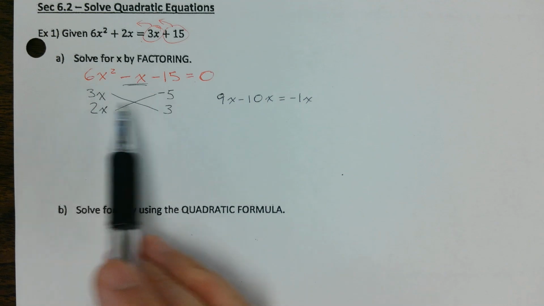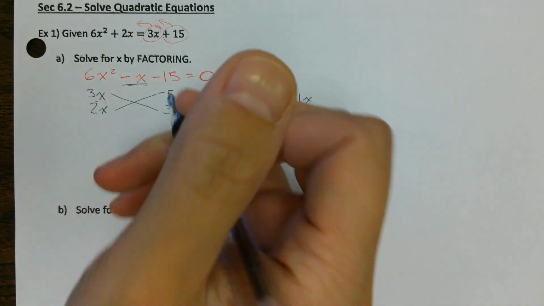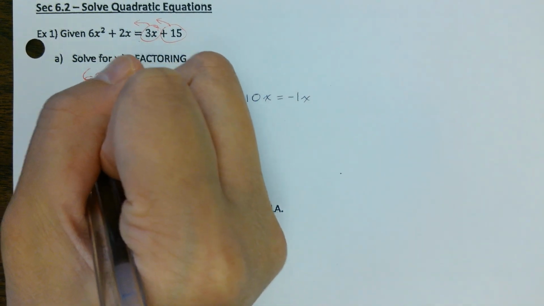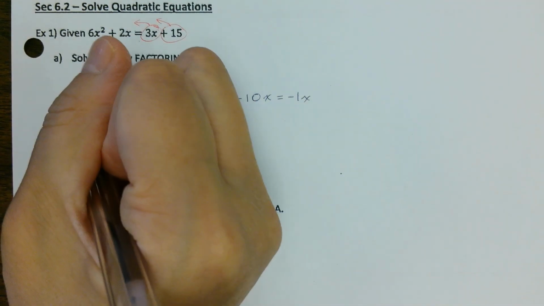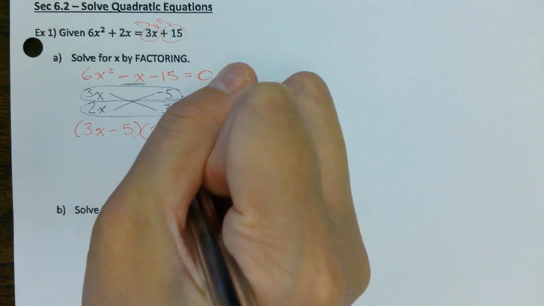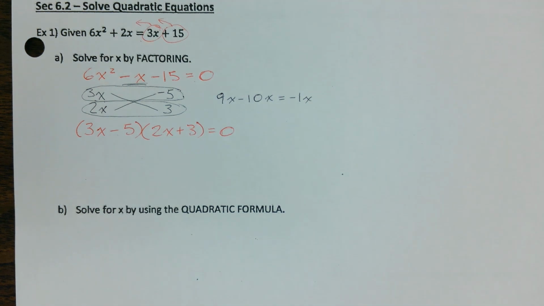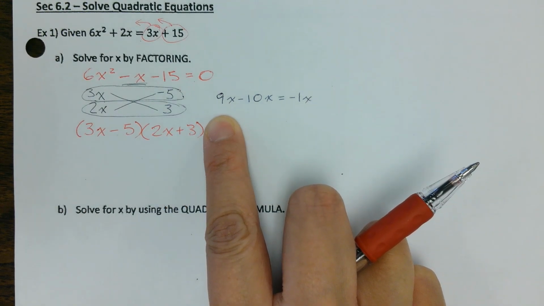We did this, and you guys did really well in that chapter with factoring. So this was my first bracket, this was my second bracket. We have 3x minus 5 and 2x plus 3. In chapter 4, we stopped right there. That was our answer.